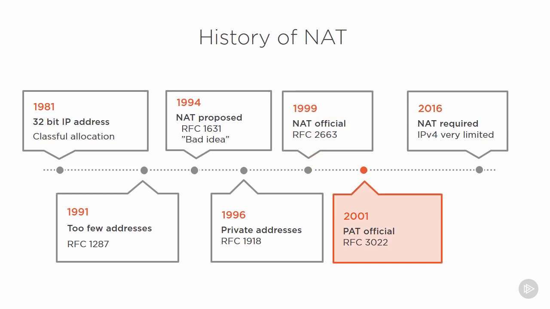Then 2 years after that, we officially introduced port address translation, or PAT. PAT is what most of us are using at home to get out to the internet. Typically, when you purchase internet services from a cable company or from the telco, you're only given one public IP address.